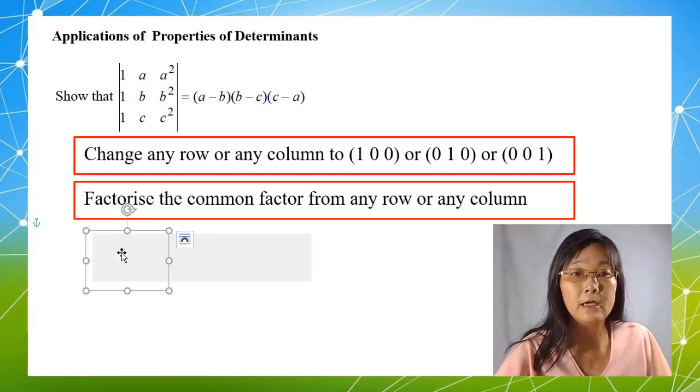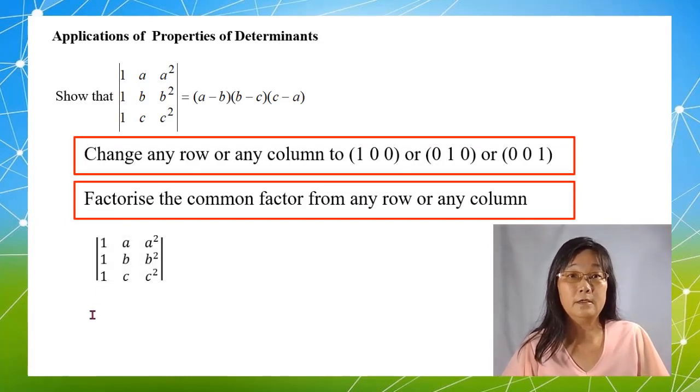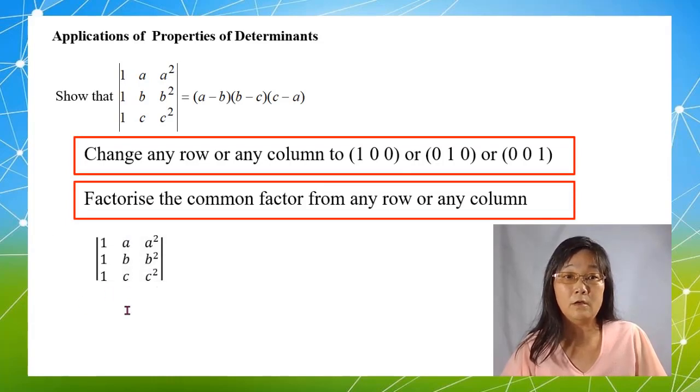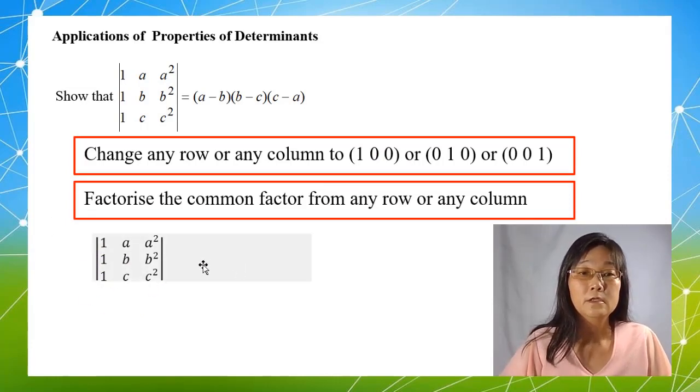Now let's start. When we look at the determinant here, I can see that there is no common factor from any row or any column. So this technique is not applicable, but I find that I can change the first column into 1, 0, 0, where I change the first number in row 2 and the first number in row 3 into 0.